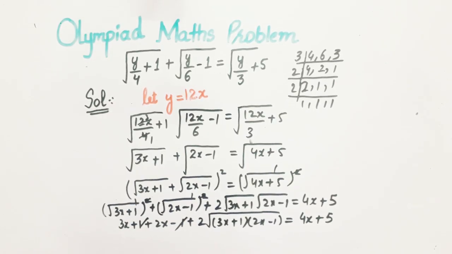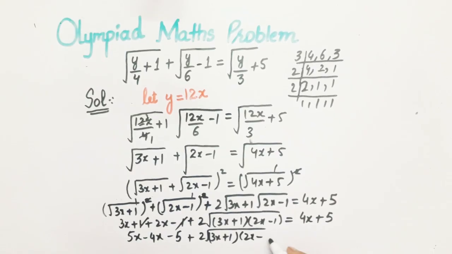So we have 3x plus 2x is 5x. This will be subtracted, so 5x minus 4x, and plus 5 will become minus 5, plus 2 root of (3x plus 1)(2x minus 1) equals 0.